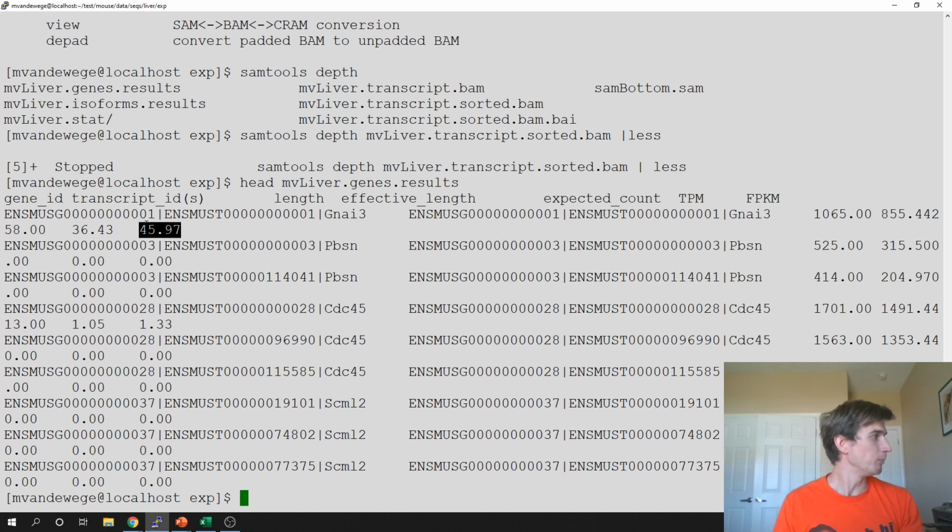So 45 divided by the total FPKM will give us a very small number, like 0.00036, if not smaller. And so when we multiply by a million, what that basically says is that out of a million transcripts that we're going to find in this cell, 36 of them are derived from this gene.